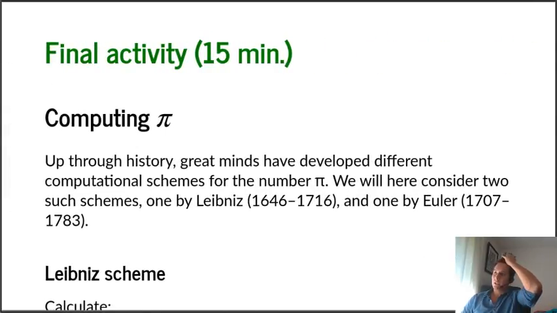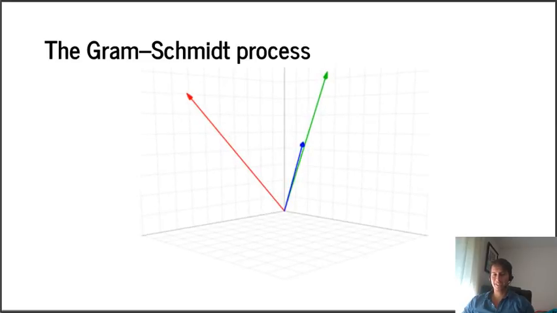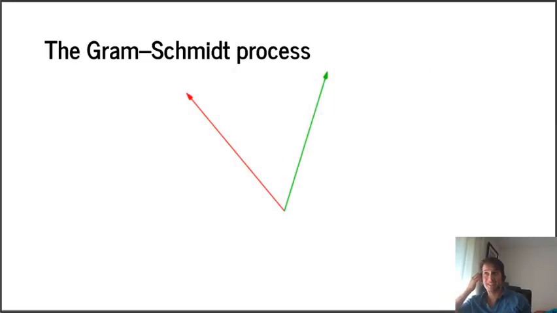Okay, so I had some activities here, but I think there's not enough time. You can do them at home, but what I wanted to see, because it's very important and you will probably see it in the first homework, is the Gram-Schmidt process.